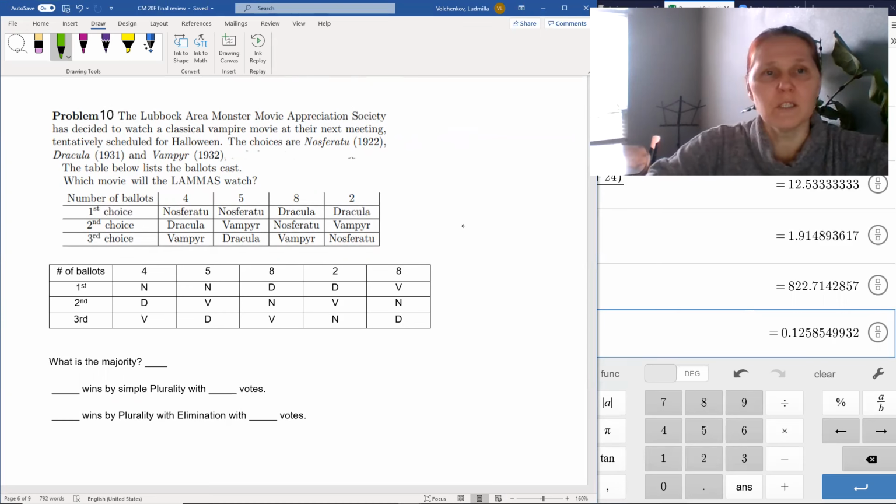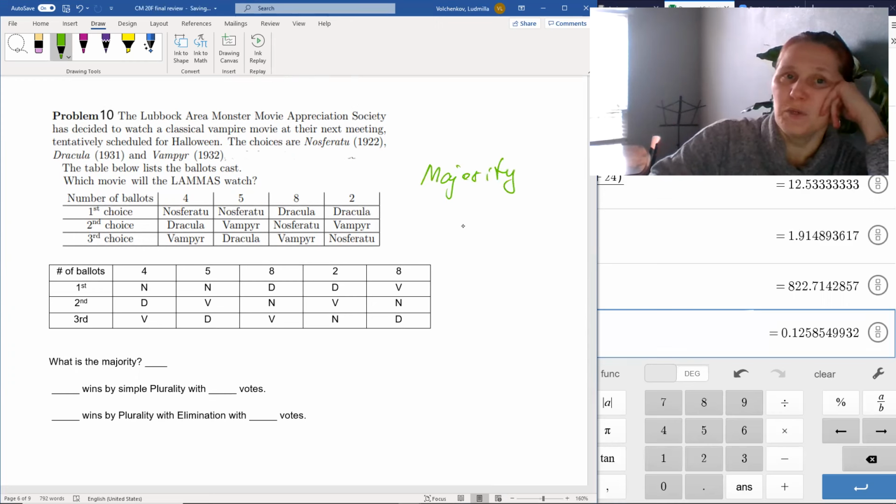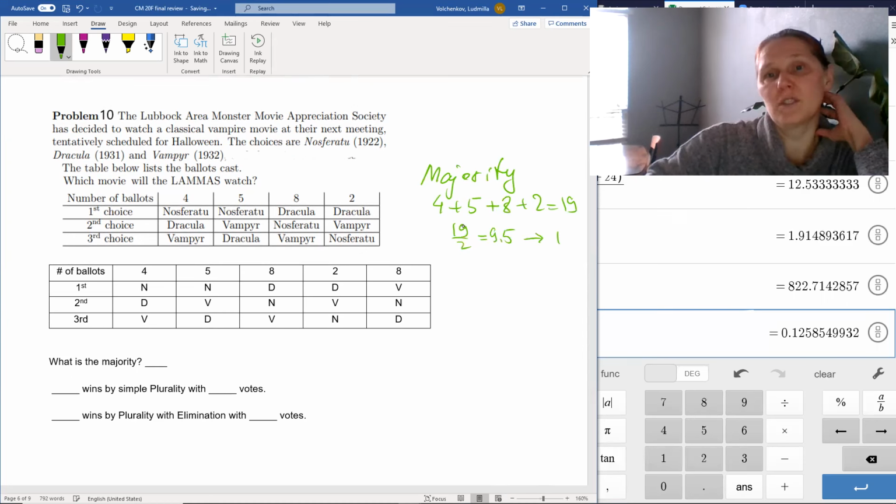So I've sent you this first table, but this table gives the same result for both methods, plurality or plurality with elimination, because by the first trial, one of the candidates has already the majority. Let us determine the majority for this table. So we add the ballots, the voters. 4 plus 5 plus 8 plus 2 is 19. 19 divided by 2 is 9.5, so the majority is 10.